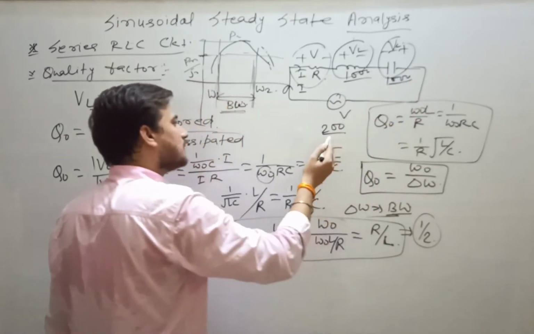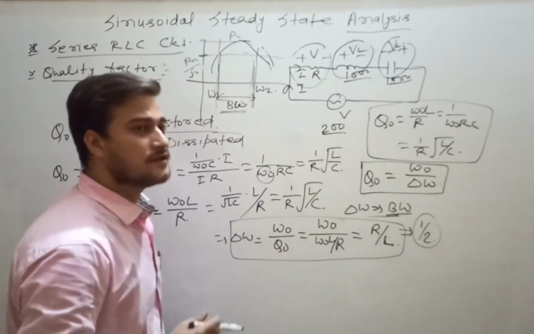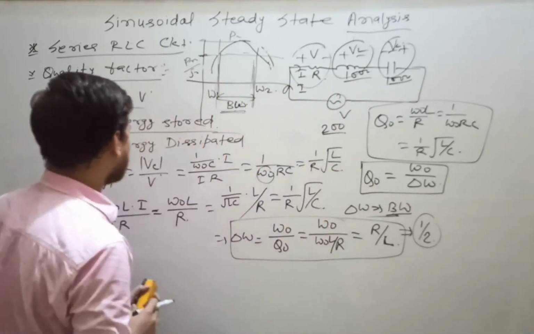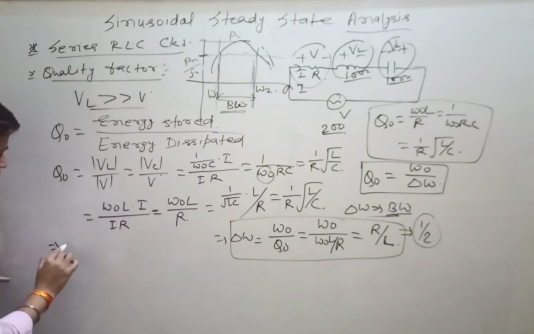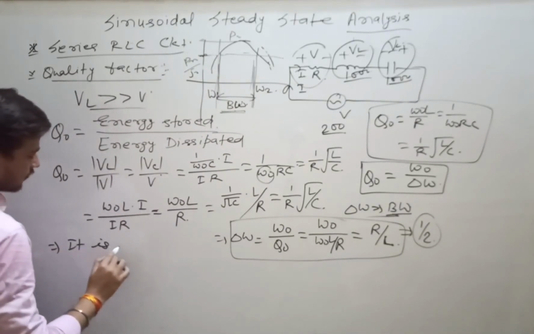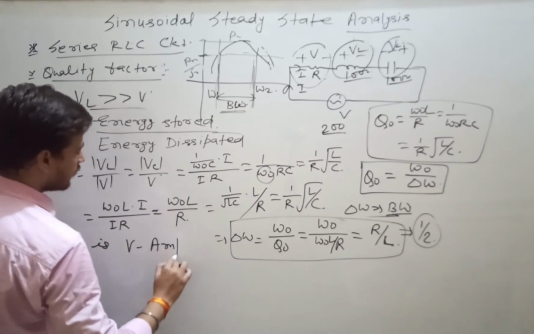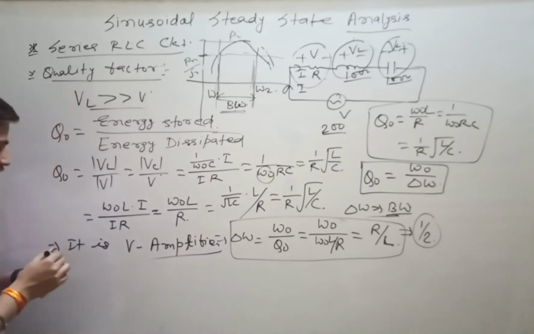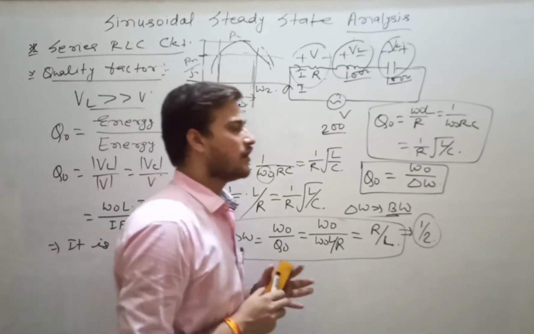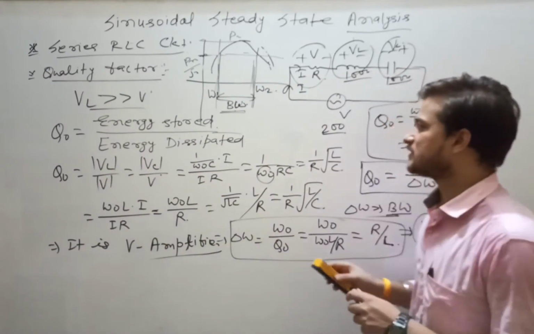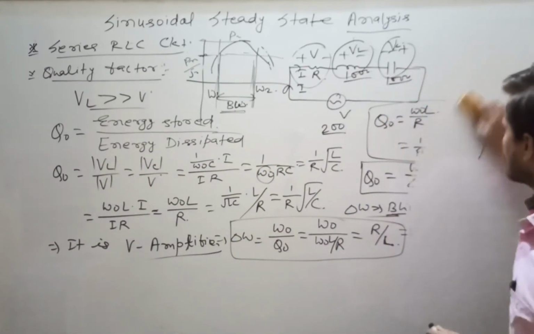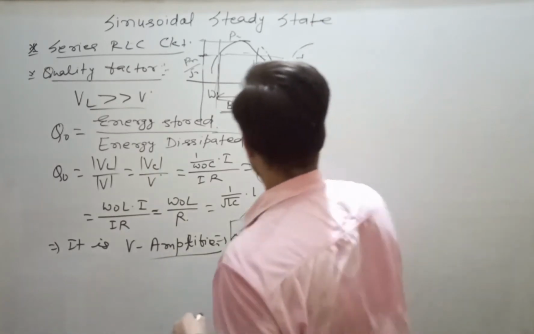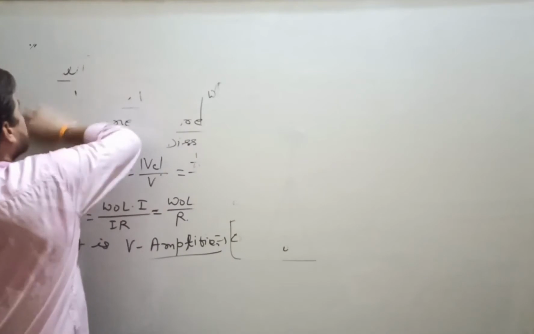That means you can say this circuit is acting as a voltage amplifier. Which circuit? Series RLC circuit. The series resonating circuit is your voltage amplifier. Clear? Next, let us discuss parallel RLC circuit.